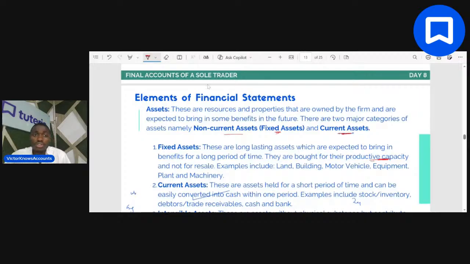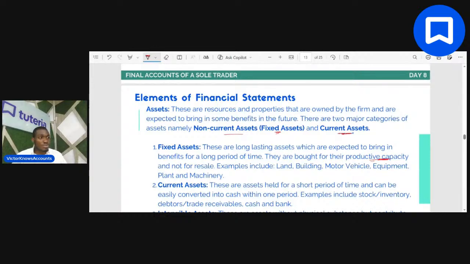Now you have to know this. I always say this: no asset is a current asset by itself. You know that whenever you see motor vehicle, you say, oh, motor vehicle is a non-current asset, is a fixed asset. Let me give you this scenario.